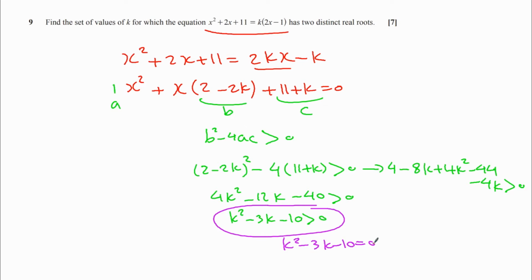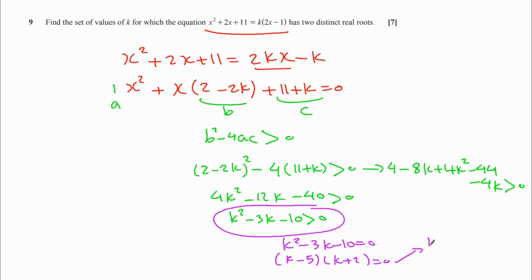Then we discuss how we can find the solution. For the solution, I can use the formula, or rather than the formula, I can just factorize, which could be easier. I have (k )(k ) equals 0. Two numbers multiplying to minus 10 would be minus 5 and plus 2, adding up to minus 3.